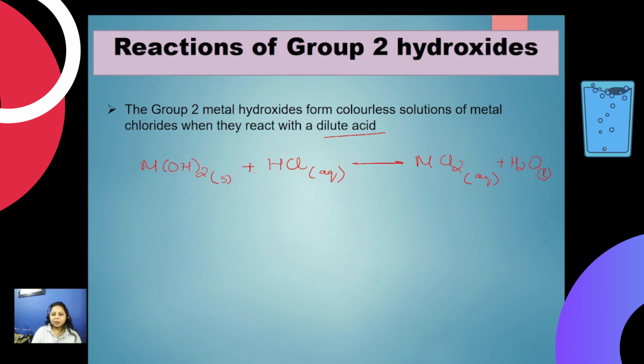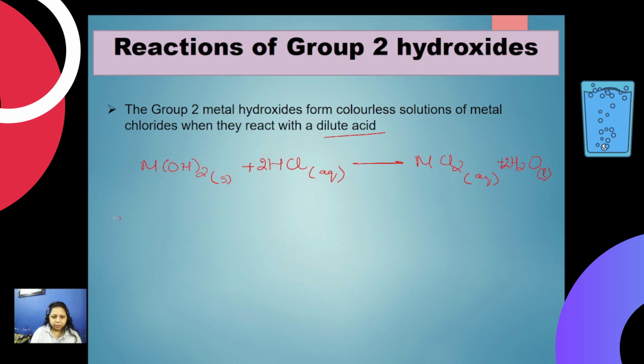Let's balance it now. It would be a 2 here and a 2 here. So it's balanced. This is the general equation, and now we can take any element, replace this M with that element, and our equation would be complete.